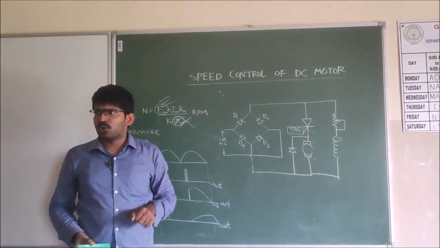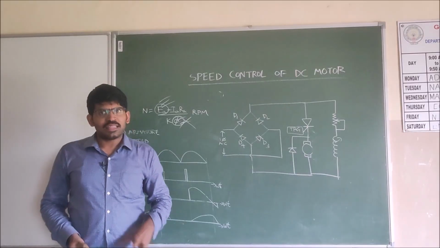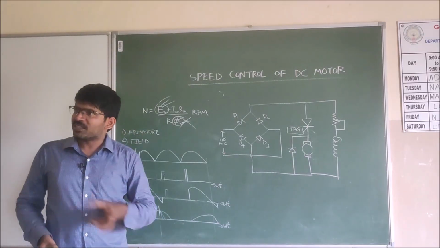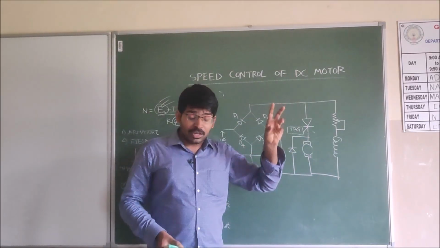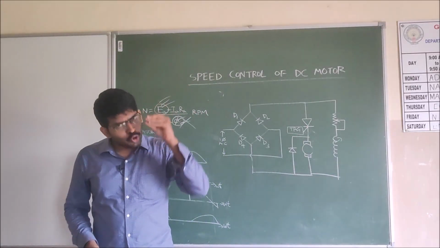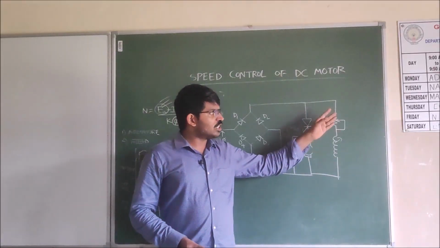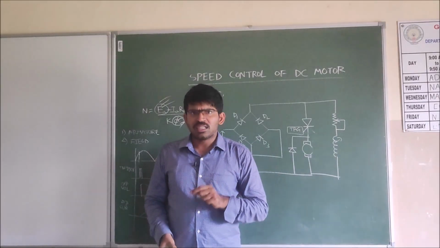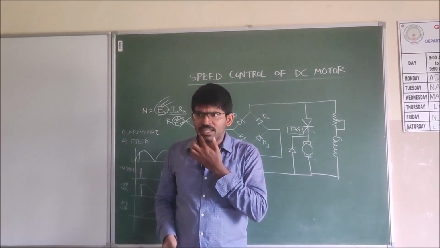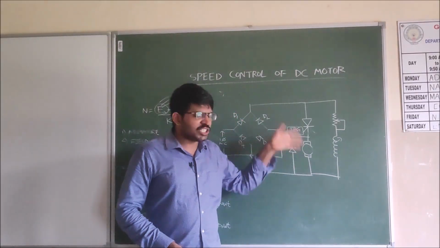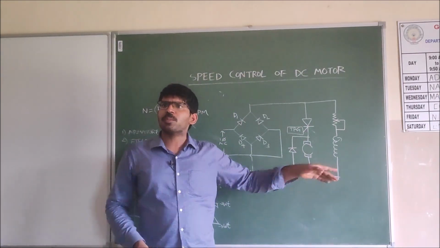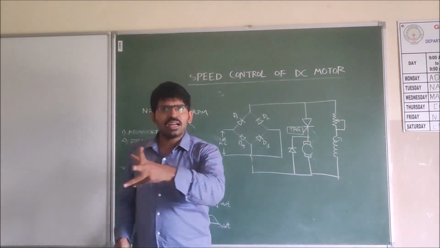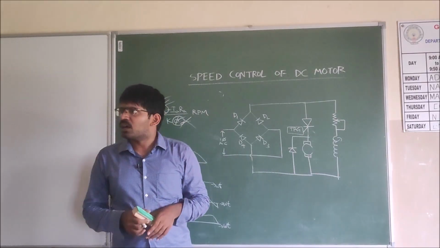So for this circuit, the inductance value should be very low and the resistance should be high, such that only a small amount of energy is stored. When we cut the supply from the SCR, the motor never turns off suddenly.